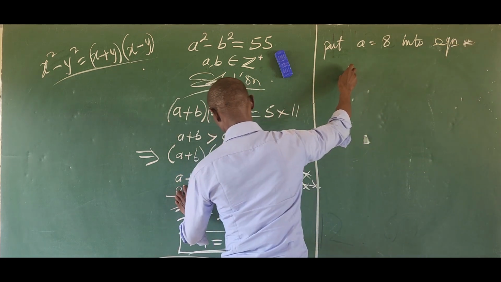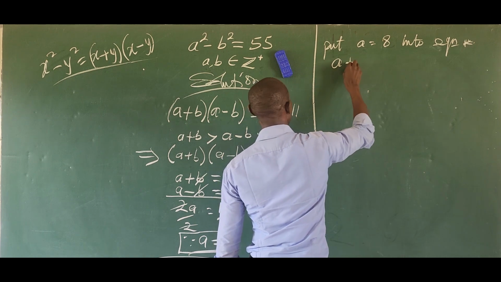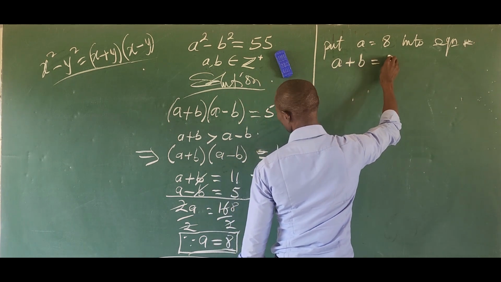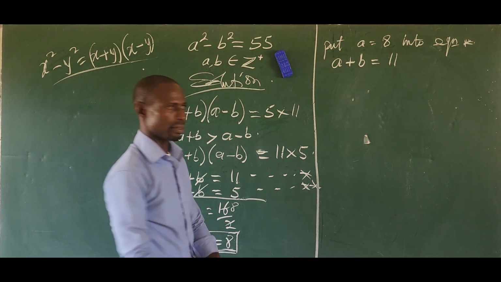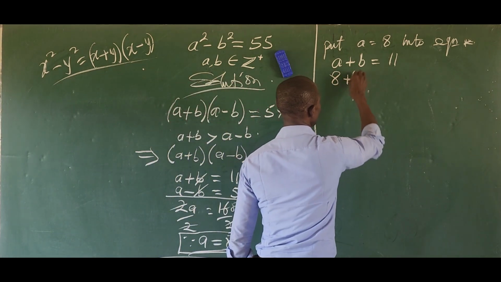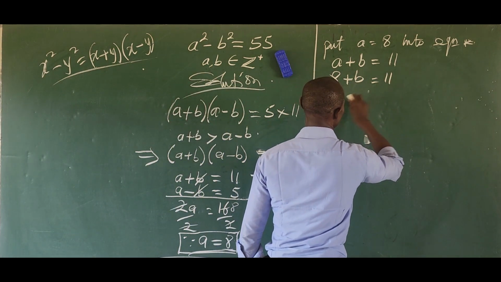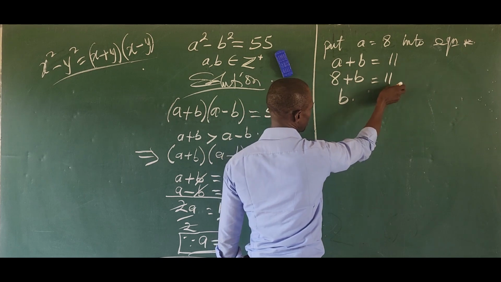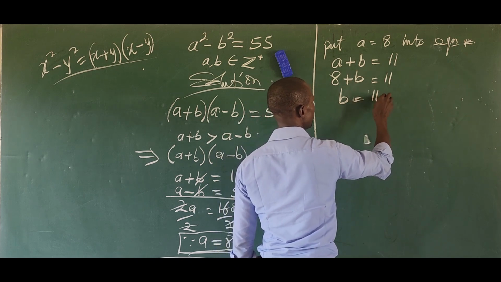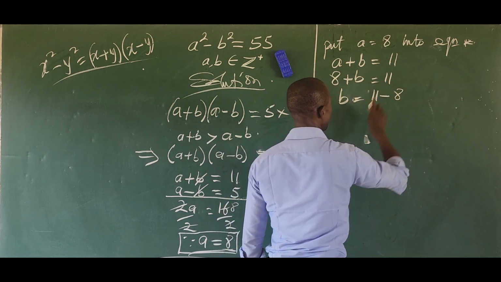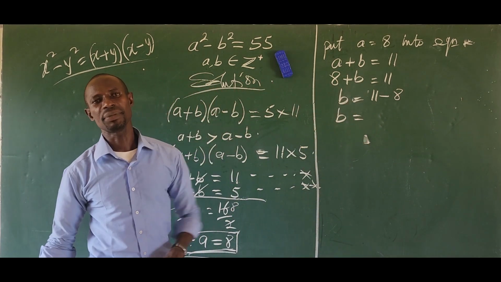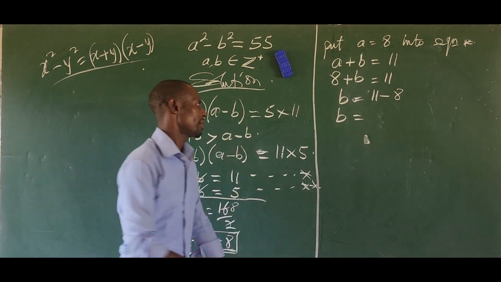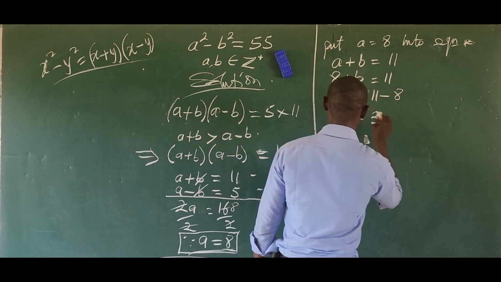Our equation 1 says that a plus b is equal to 11, right? Where a is 8, so let's put down 8 plus b equal to 11. Let's move 8 to this side to give 11 minus 8. So b will now be equal to 3, if we subtract 8 from 11.